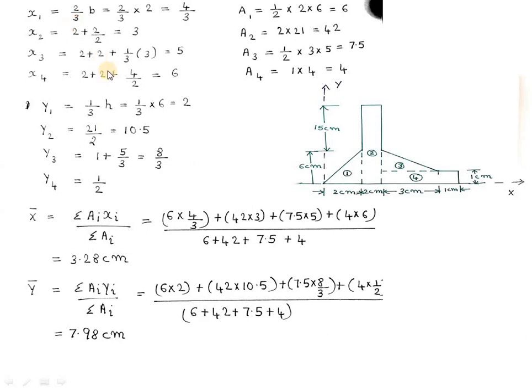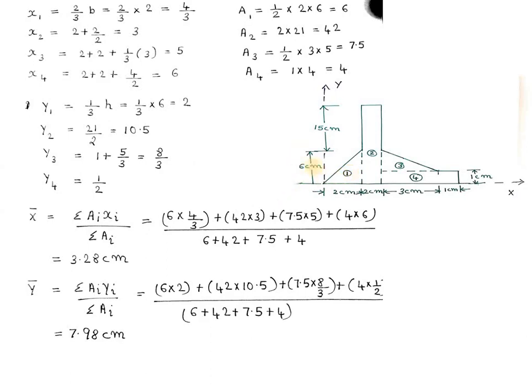So x1 is equal to, we have already studied about the triangular section. Where will be the centroid of the triangular section located? For the triangular section, the centroid will be located at a distance of b by 3 from the right angled portion.